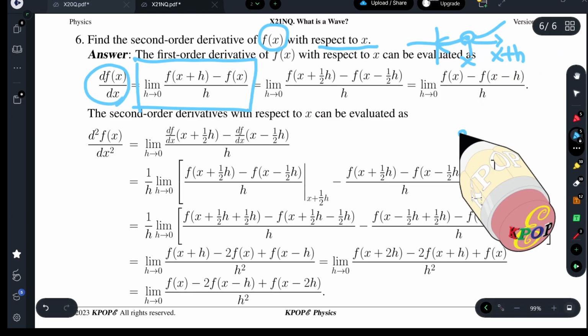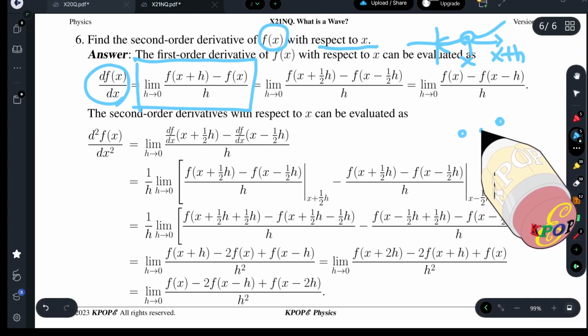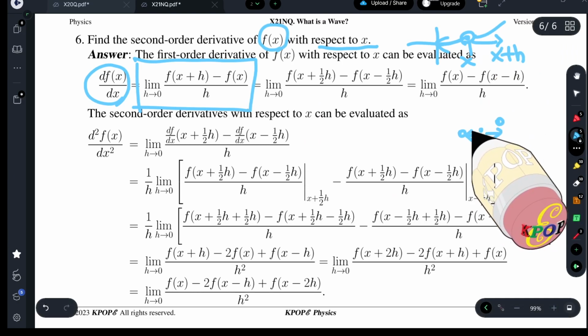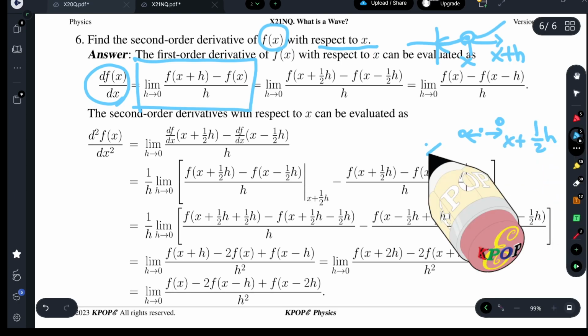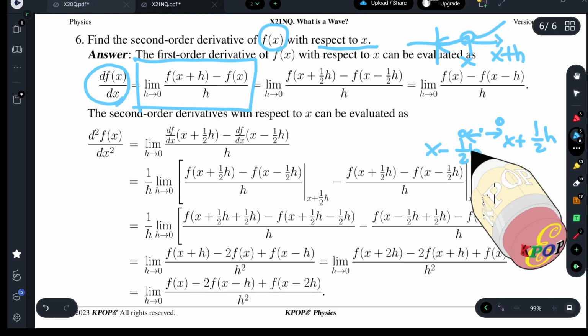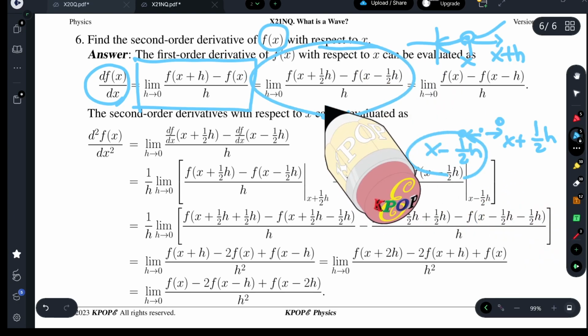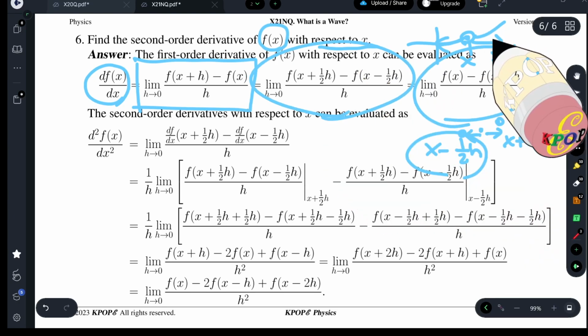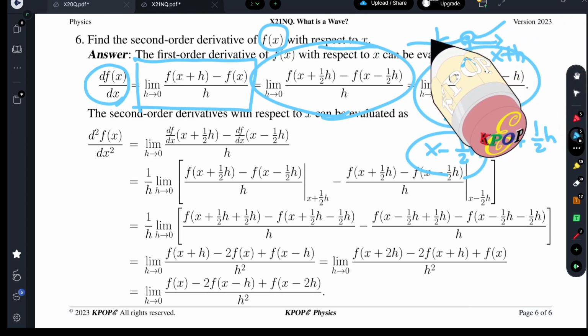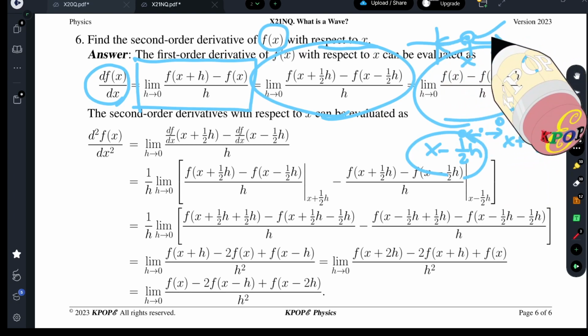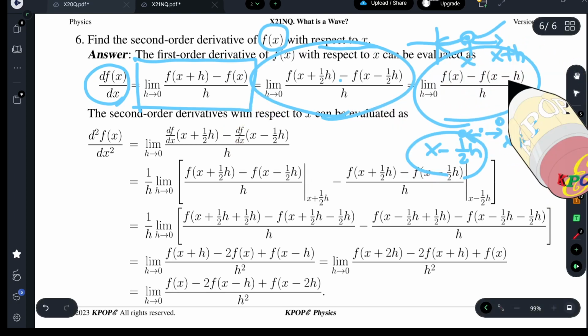Again, we can also evaluate the derivative by varying both sides, x plus 1/2 of h and x minus 1/2 of h. Either way, if the derivative is a continuous function, then we do not have any problem with these three cases.